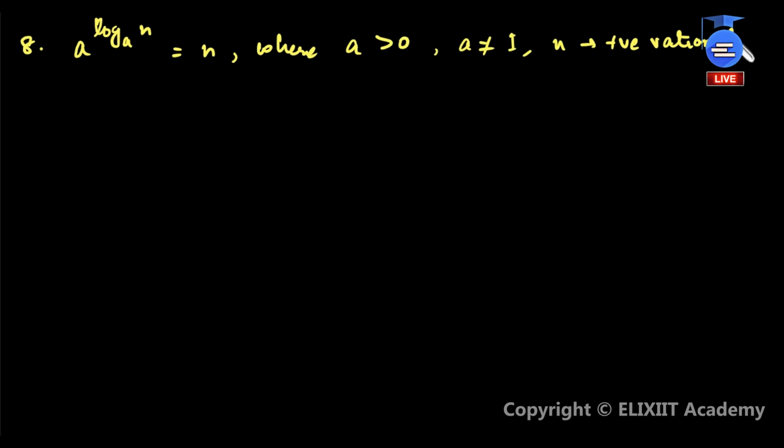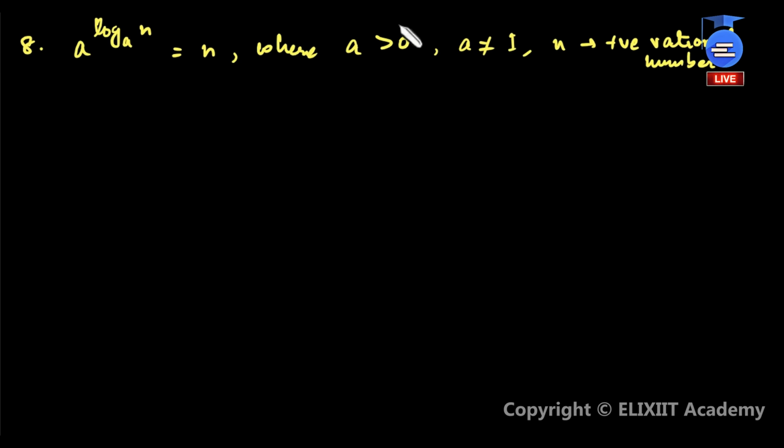Any positive rational number. A to the power log n base a is equal to n, where a is greater than 0, a is not equal to 1, and n is a positive rational number.